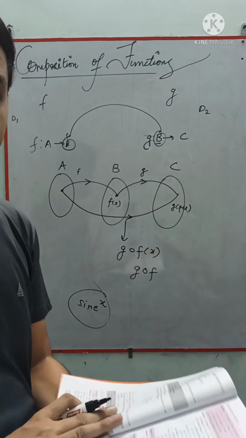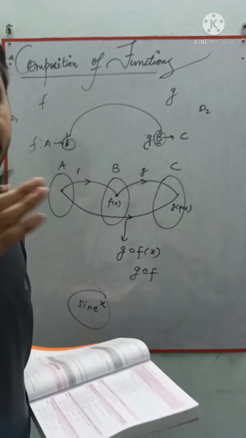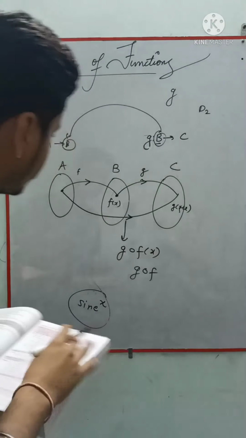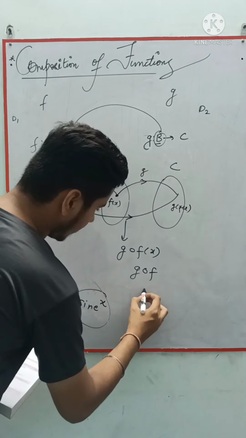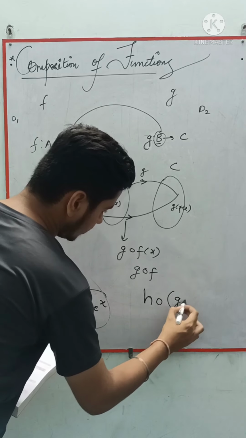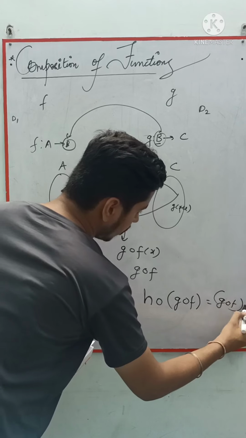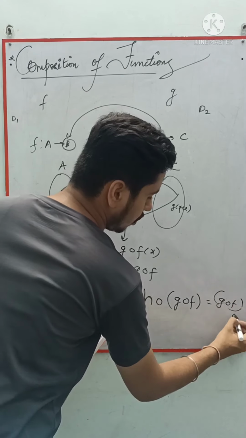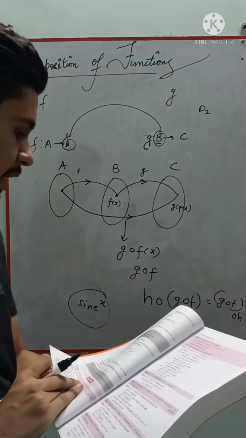Now what are some properties of composition of function? The composition of function is associative. What do you mean by associativity? That if you have h of g of f, it will be equal to h of g of f, the same at any time.